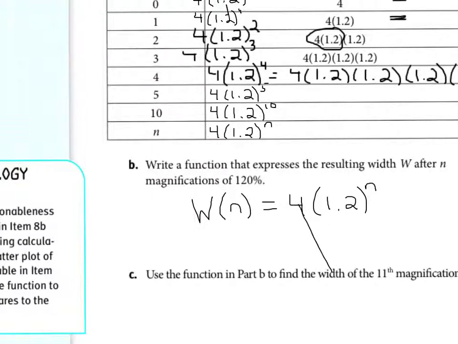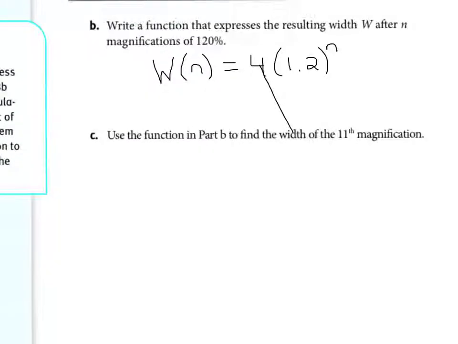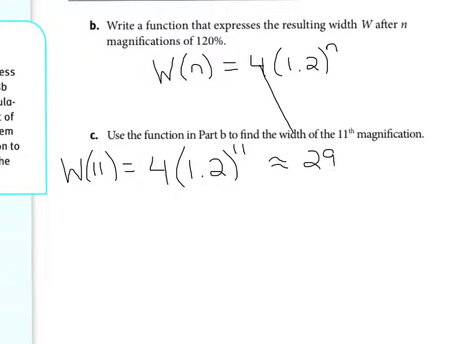So if we wanted to find the width for the 11th magnification, it would be 4 times 1.2 to the 11th, which if you round would be 29.72.